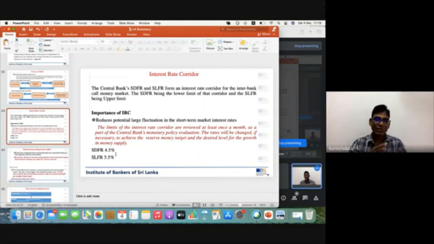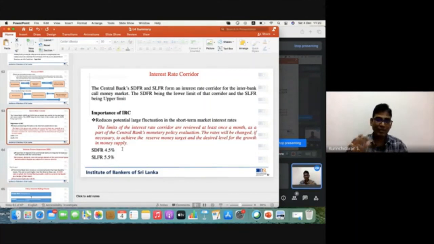So if the central bank raises this rate, then automatically the money market rate will also go up. If the central bank reduces this rate, the money market rate will also go down. Through this rate, the central bank can manage the liquidity.